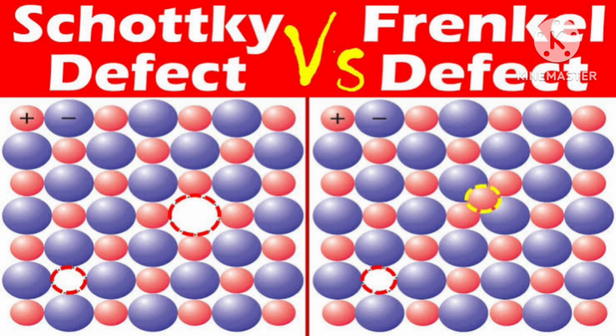Suppose you have taken NaCl in the melting condition, in molten NaCl containing a little amount of strontium chloride, SrCl2, and if it is crystallized, some of the sites of the sodium ions are occupied by strontium Sr2 plus. Because Sr2 plus has 2 positive charges, it replaces 2 sodium ions, because one sodium ion has 1 positive charge.